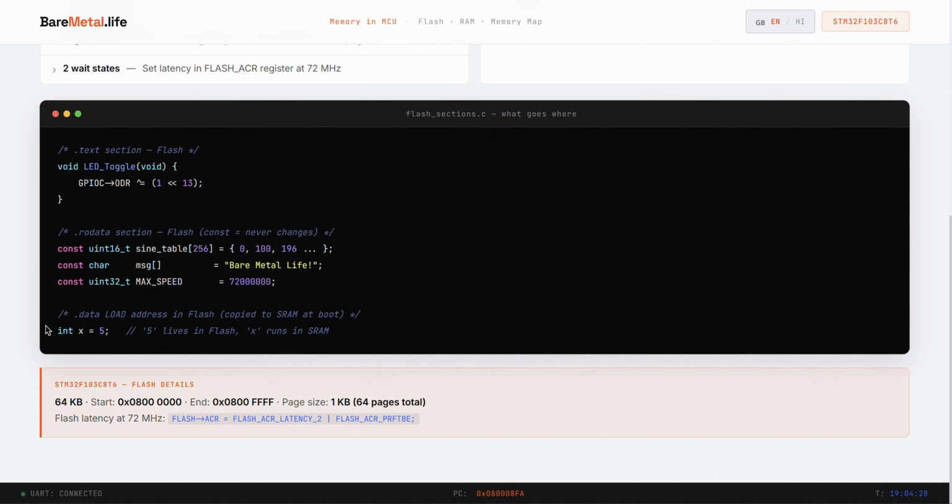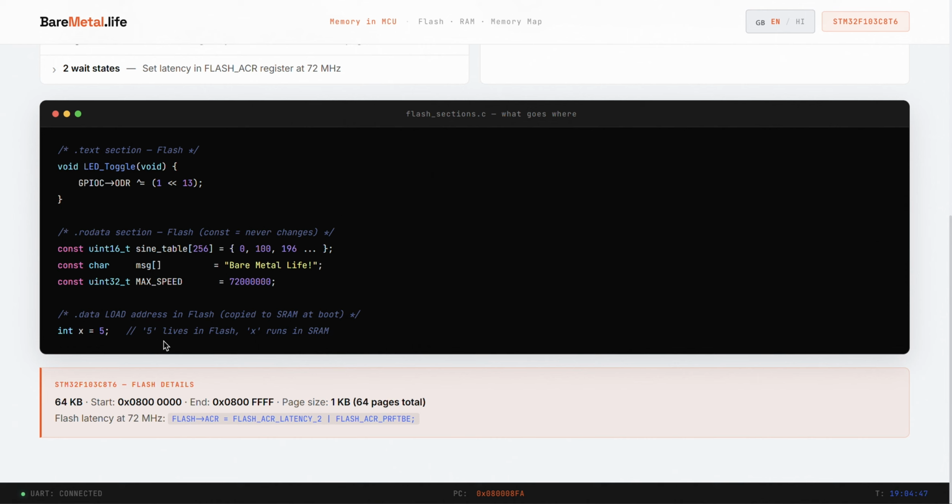Look at this line. That is int x = 5. This is a global variable with an initial value. Well, here's something most beginners don't know. The value 5 is actually stored in flash.